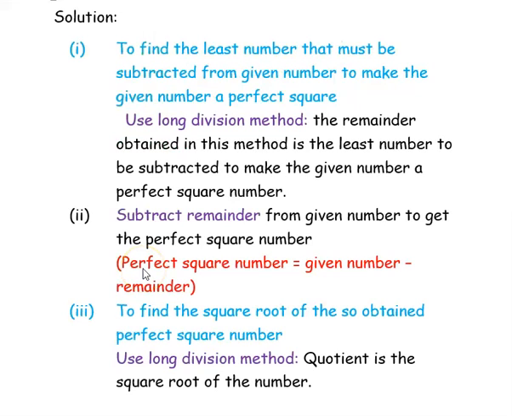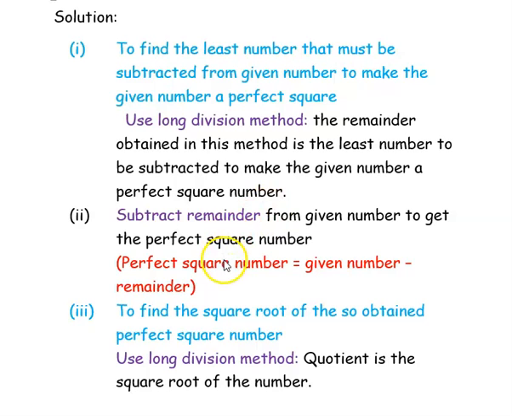Before solving the question, let us see what are the steps to be followed to get the answer. The first step is to find the least number that must be subtracted from the given number to make the given number a perfect square. To do this, we are using the long division method. The remainder obtained in this method is the least number to be subtracted to make the given number a perfect square number.